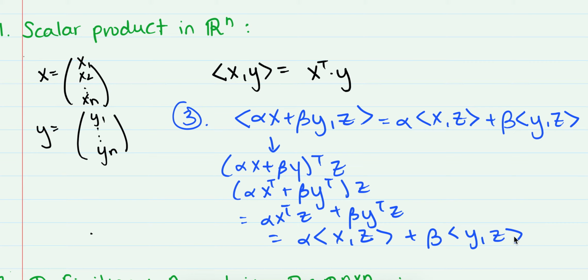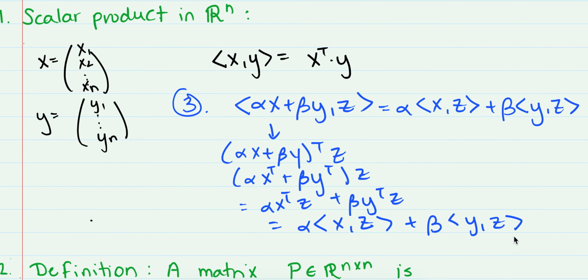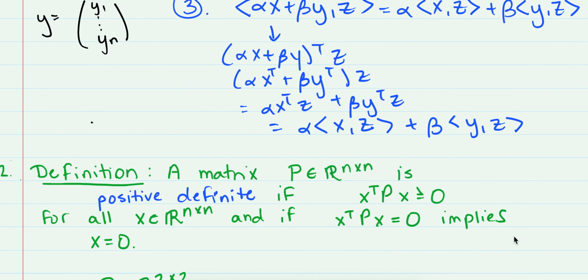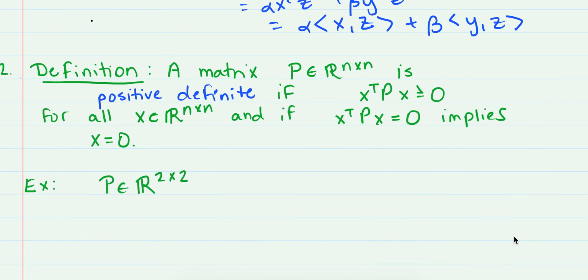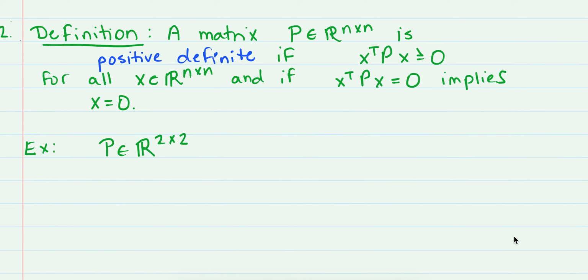Now you might want to know what other types of inner products you can come up with for the vector space Rn. And this is actually interesting. They all take the same form. So to tell you what the form is, I have to first define what a positive definite matrix is.